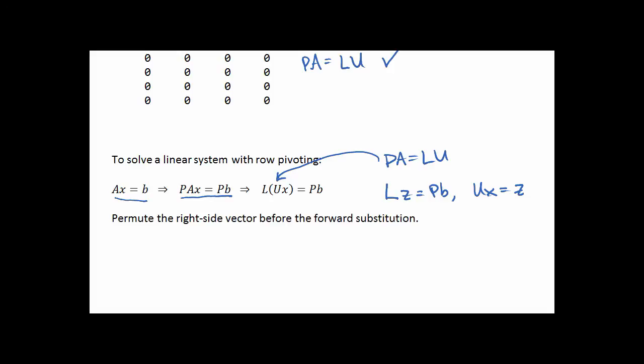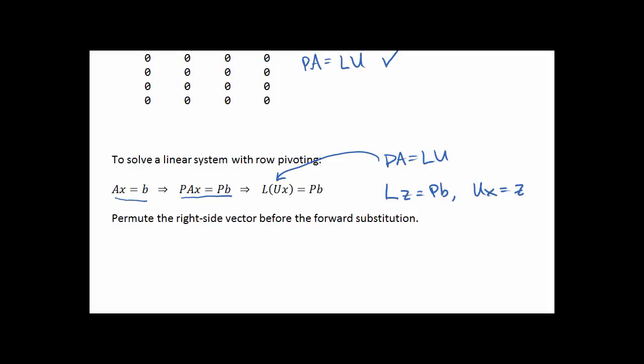So that means that before we do the forward substitution with L, we have to apply the permutation matrix P onto the vector B.